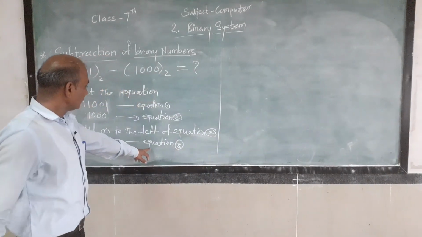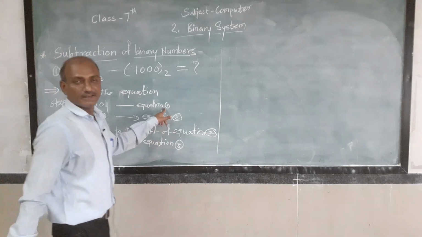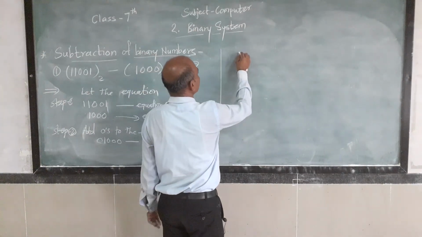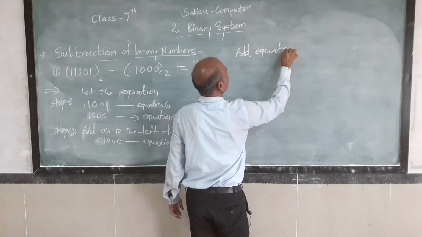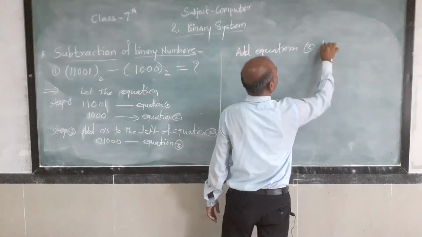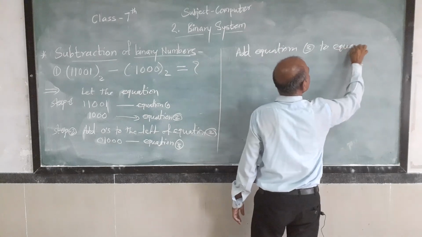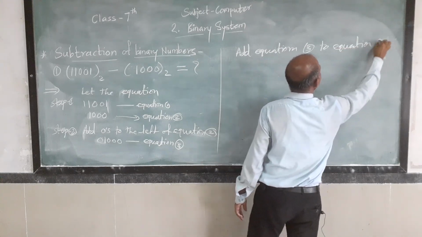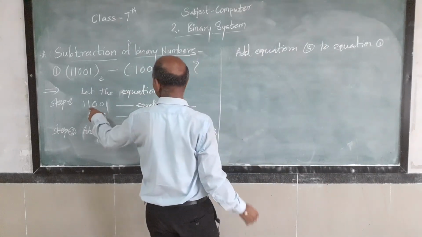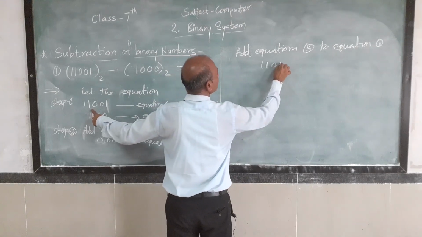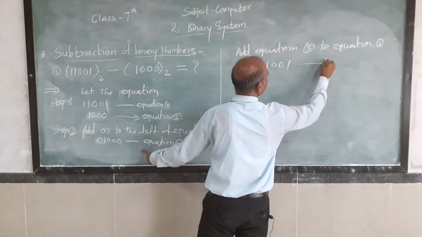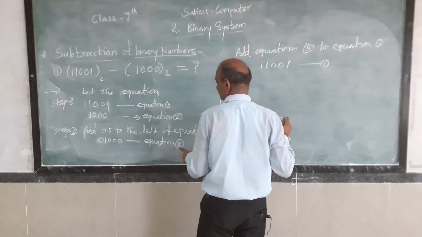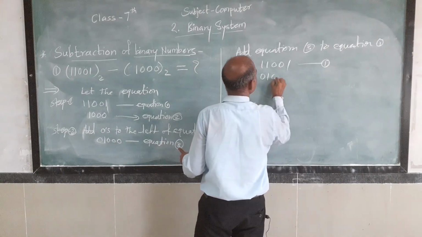Now add equation 3 to equation 1. What is our equation 1? 1 1 0 0 1. And our equation 3 is 0 1 0 0 1.